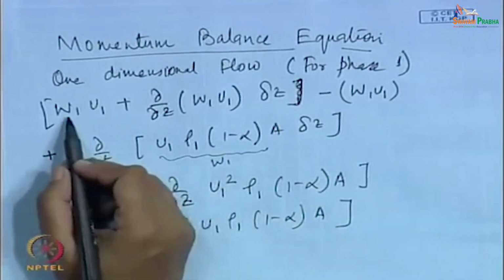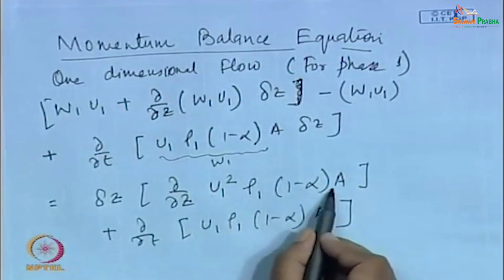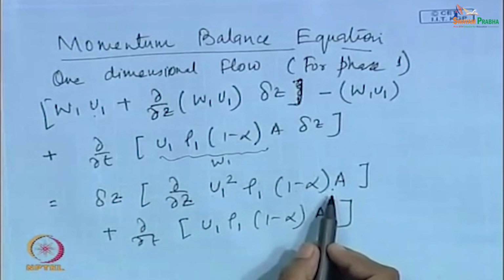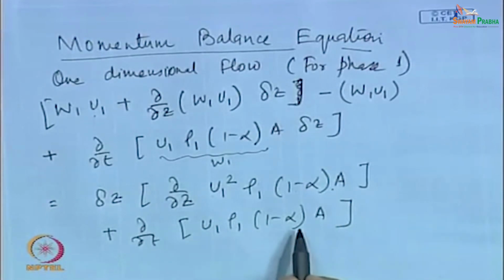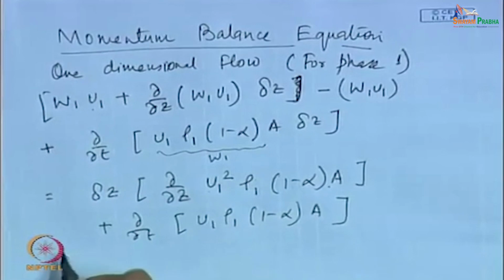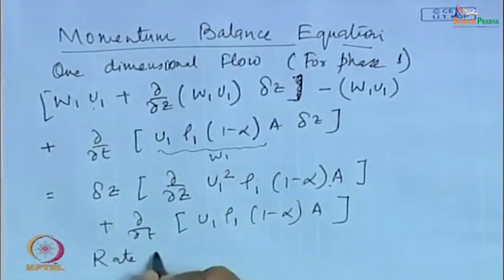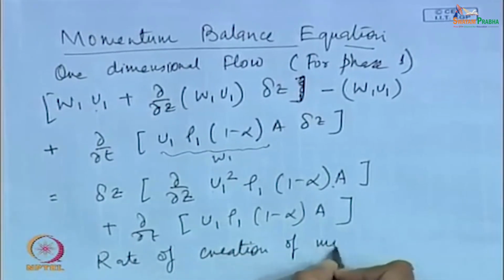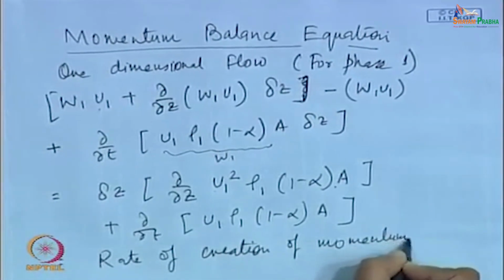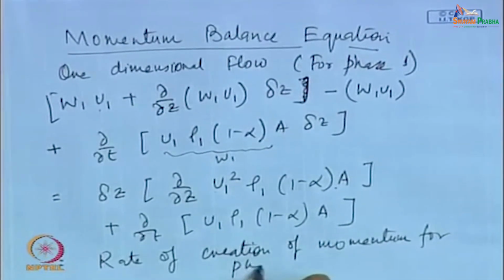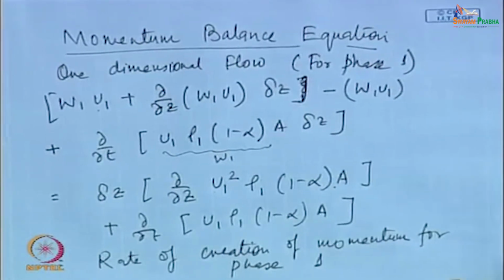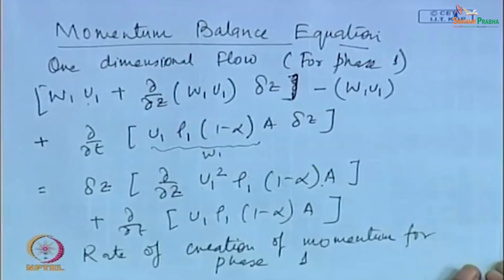W1 equals U1 rho 1 1 minus alpha into A into U1. So, we have got this part. Is this portion clear to you? So, this is the rate of creation of momentum for phase 1. Agreed? This portion, is it clear to all of you?